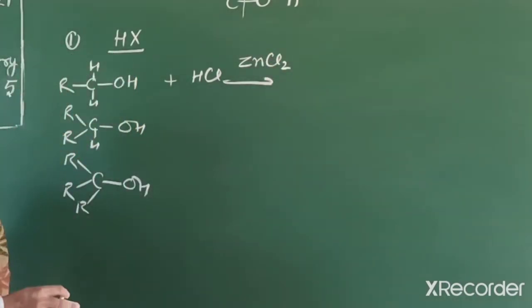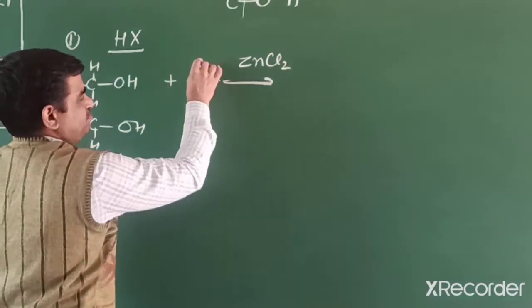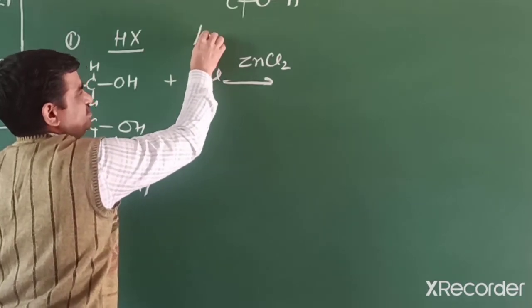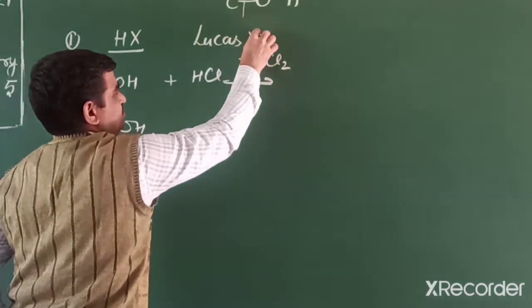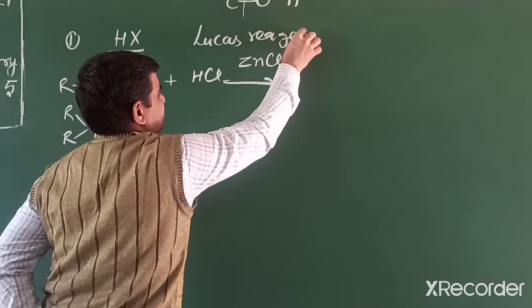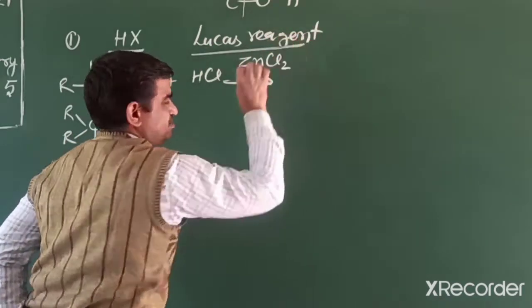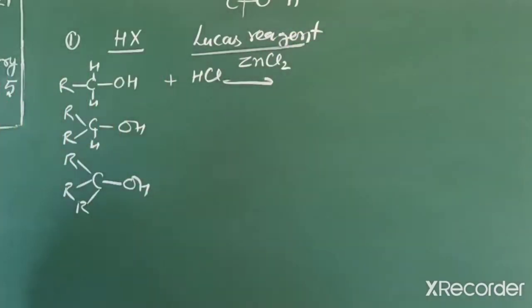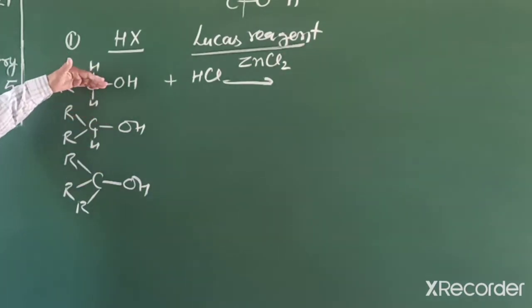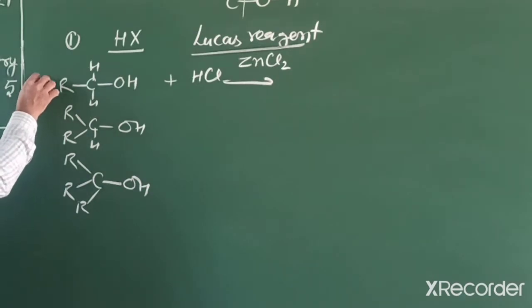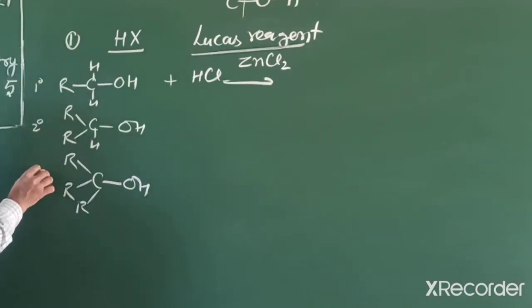This reagent, students, we know as Lucas reagent. This reagent is very useful to distinguish primary, secondary and tertiary alcohol.